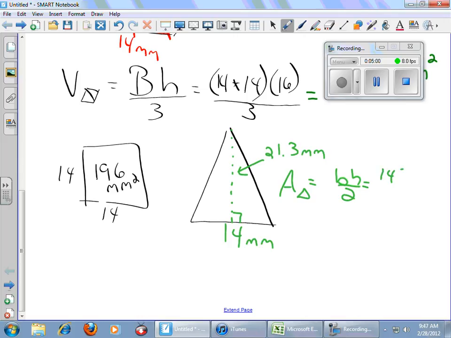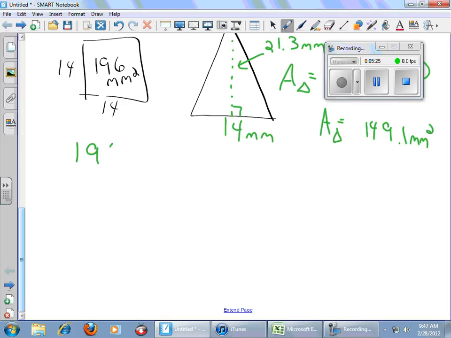So I'll take 14 times 21.3 and I'll divide by 2. I can do this really quick in my head because I know that 14 divided by 2 is 7. It should be 149 and 1/10 millimeters squared. But there are 4 of those. So I could take 196 plus 149 and 1/10, 4 times.